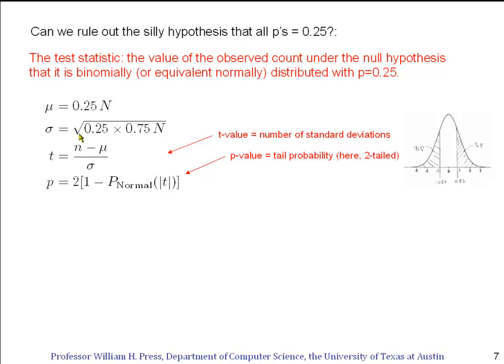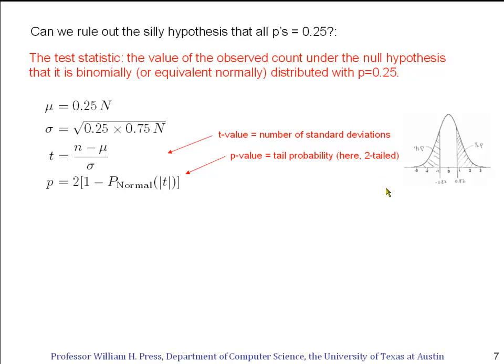Now here we'll compute a t-value to see how many standard deviations away from the mean is what we observe. And that would therefore be the observed count minus the mean that we just computed divided by the standard deviation. So far that's just arithmetic. The slightly harder part is to convert the t-value to a p-value. That is to say, how extreme, measured by area under the curve, is the observation that we observe here.